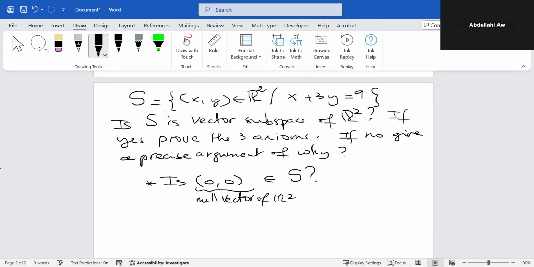Of course not, because 0 plus 3 times 0 is not 9. So (0, 0) is not an element of S.